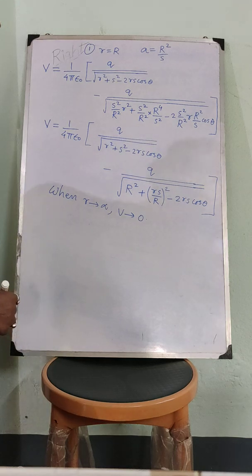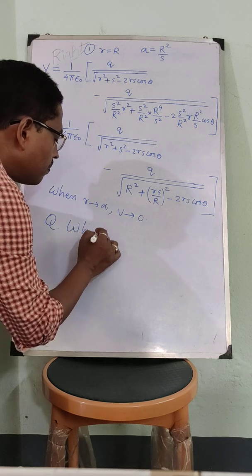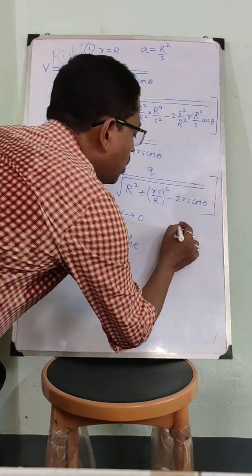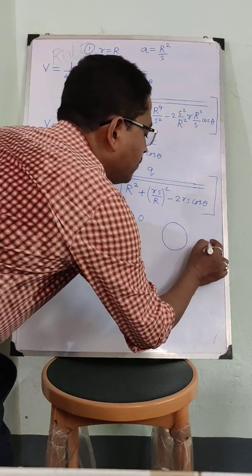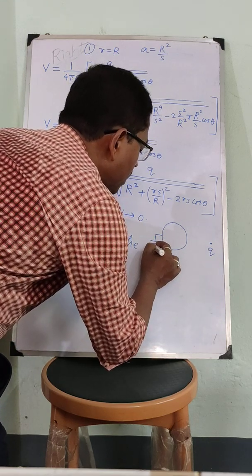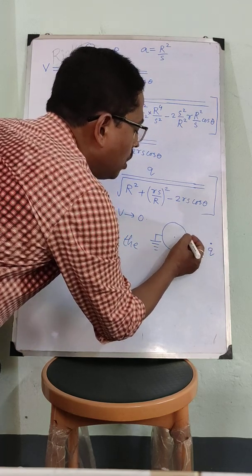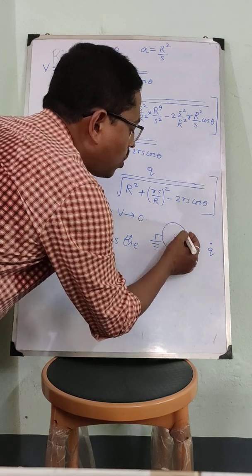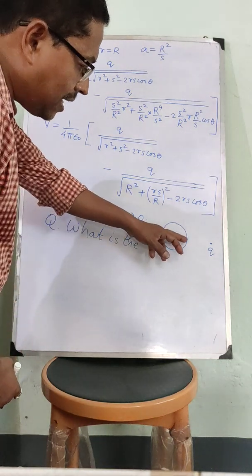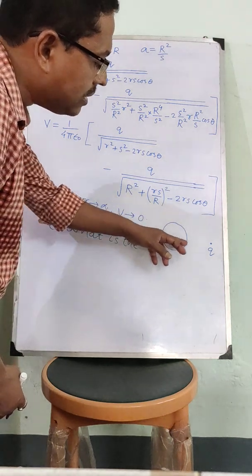Okay. Now our question is, what is the... see, in the original problem I have a conducting sphere and I have a plus q charge here, it is grounded. Now this is a conducting sphere, so this q will induce some charge on this conducting sphere. So we want to know what is the surface charge density of the induced charges, because induced charges will lie on the surface.